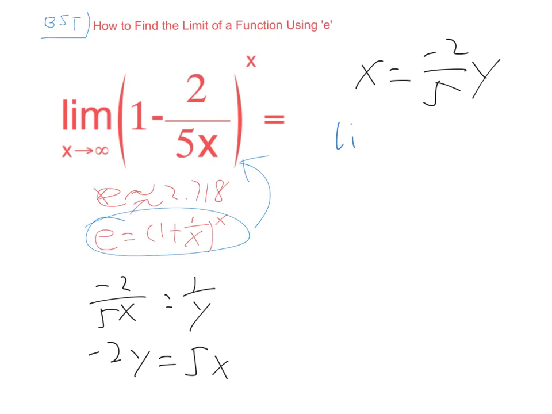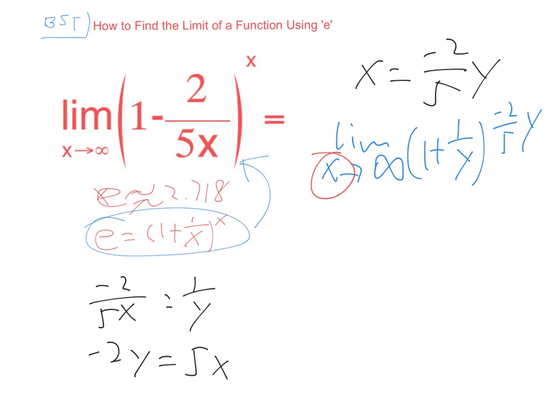The limit as x approaches infinity of (1 + 1/y) to the negative 2 over 5 of y. And there's a big problem here in this equation because we no longer use x as our variable but y. So we have to change the x here into y.